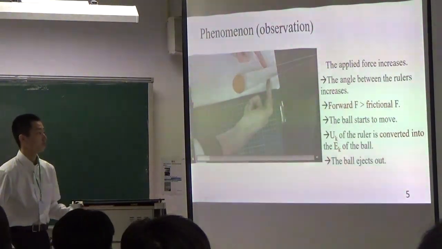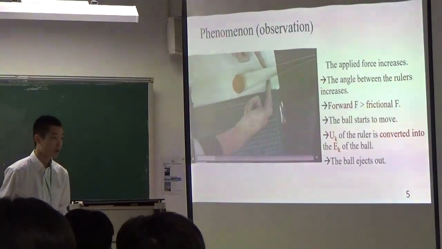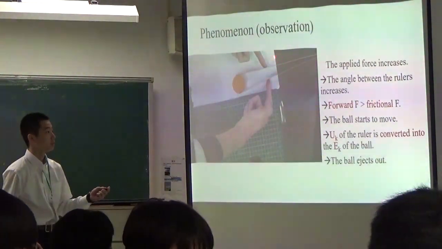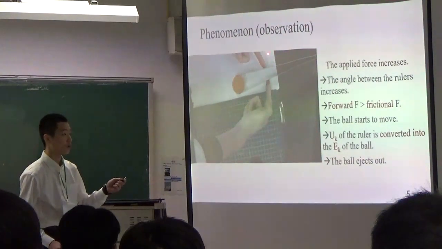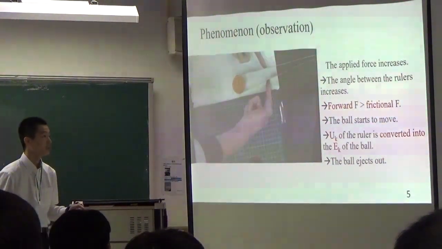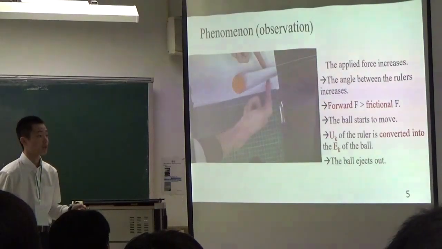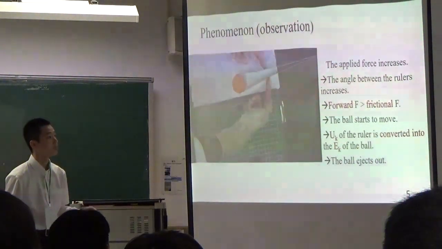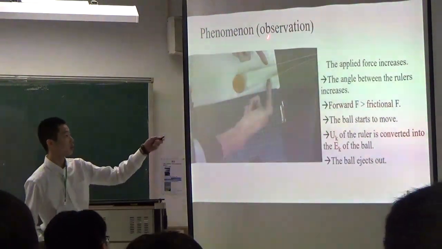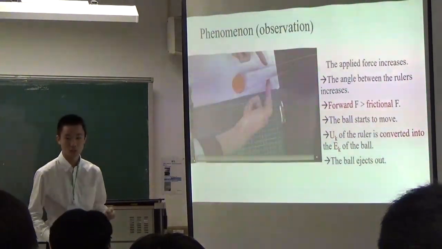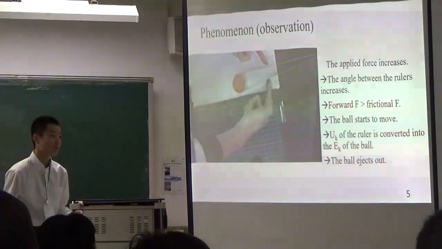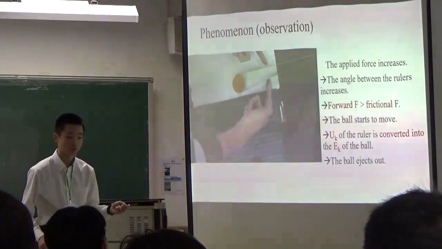So, when we want to eject a ball, the first step is the applied force. We have to increase the applied force on the ruler, and when the applied force increases, the angle between the two rulers will also increase. When the angle reaches the critical angle, the forward force will be bigger than the frictional force.